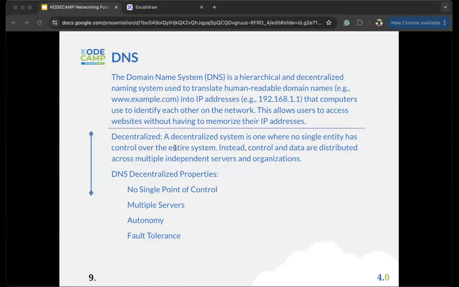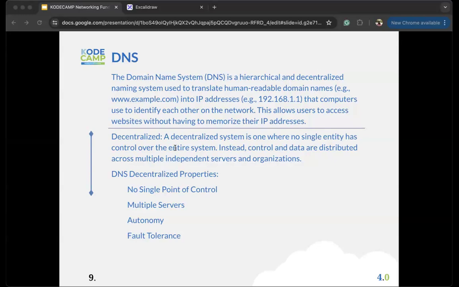This allows users to have access to websites without having to memorize or remember the specific IP addresses of these websites. When we say a decentralized system, okay, we're speaking to the fact that the DNS as a system doesn't belong to a single person. There's no single organization that sits down and manages all the DNS names that we use over the internet.